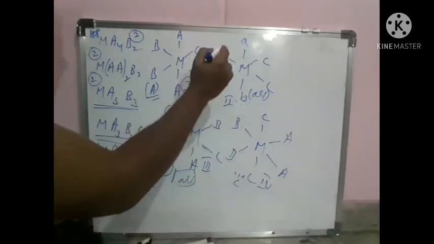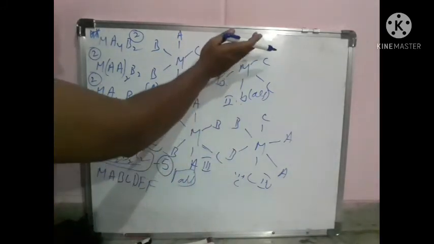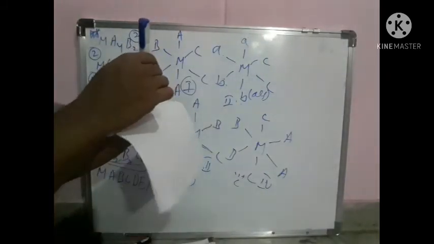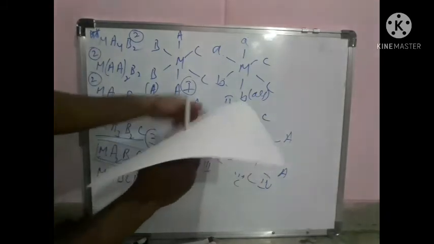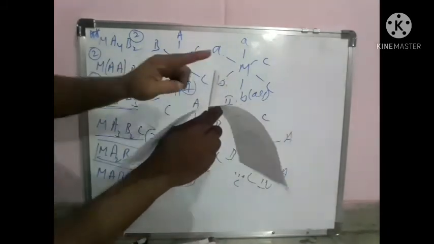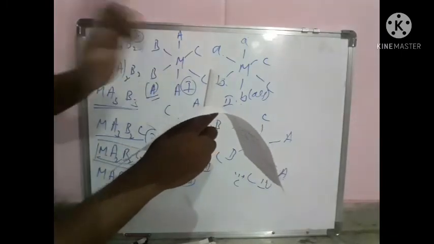So how are all cis? Here AA is in the same phase, okay. If you observe here, this is axial, so A is present, and here A is present, so it is cis.